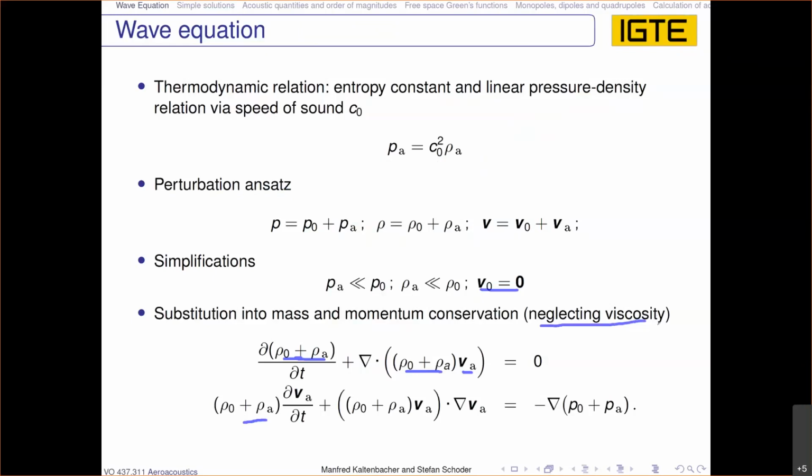That term can also have a very important effect, when the sizes of your device or channels where acoustic waves are propagating are in the dimension of the viscous layer, and then you have to take into account, for example, the viscous effect.